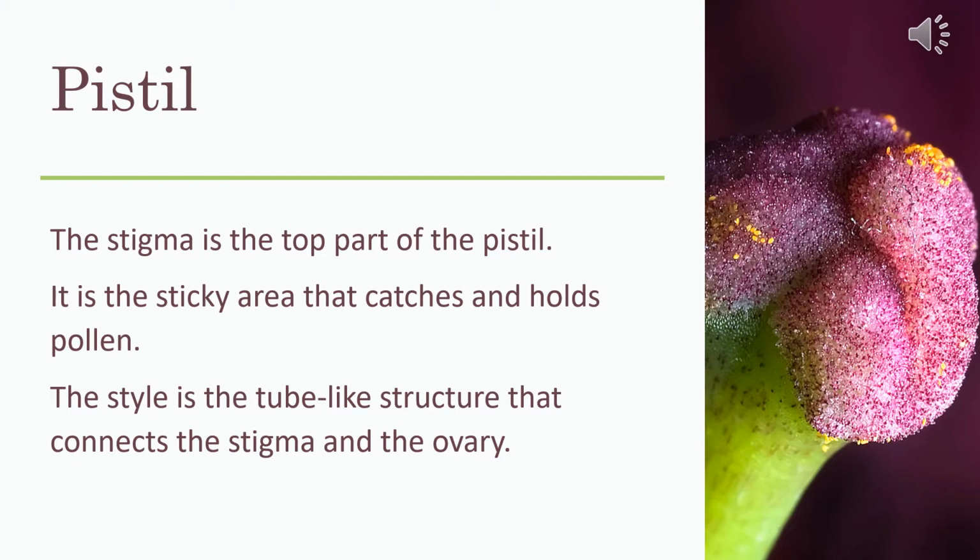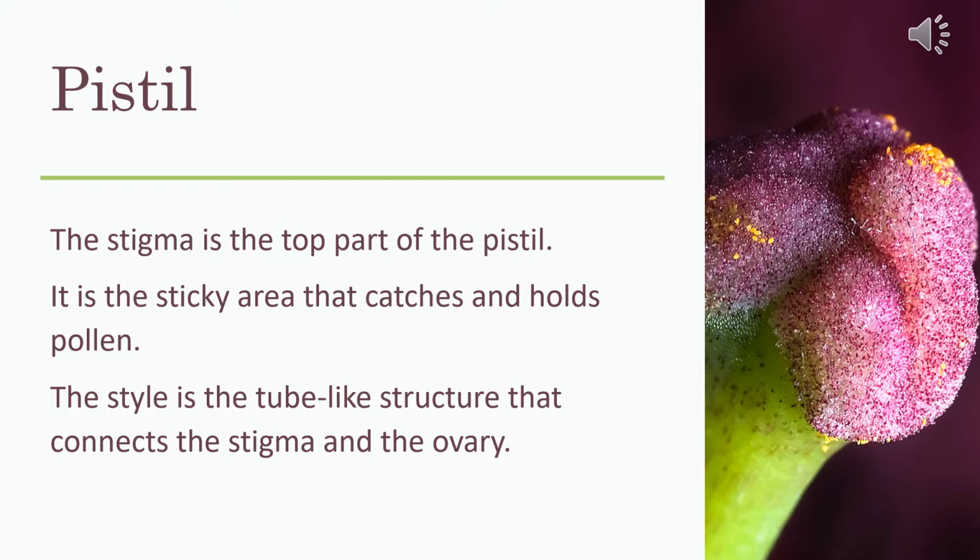Now, if you have any flowers around your house or your yard that you can go and look at, if it has a large pistil and a fairly big stigma at the top of it, if you very lightly touch it with your finger, it does have a little bit of, if not stickiness, wetness, because we always come back to the fact that a plant wants to be as advantageous as possible in its reproduction.